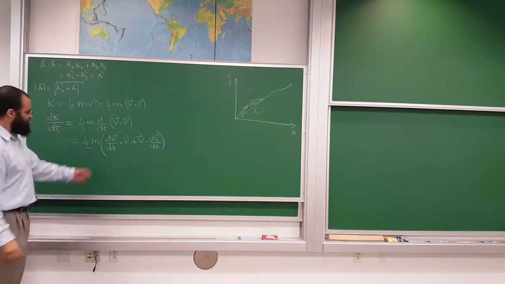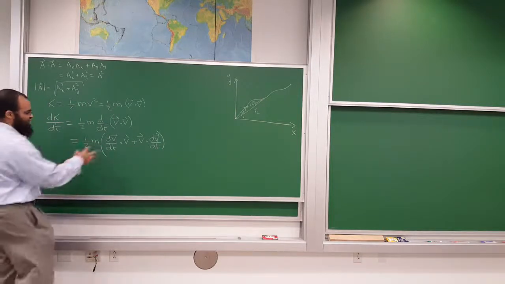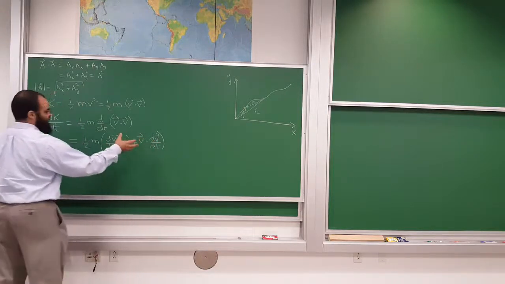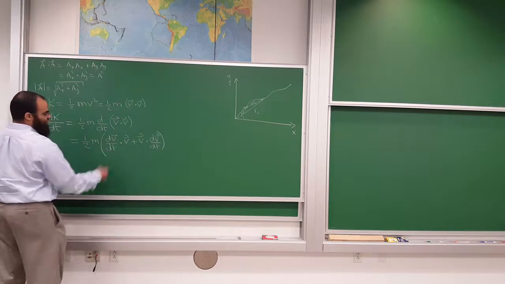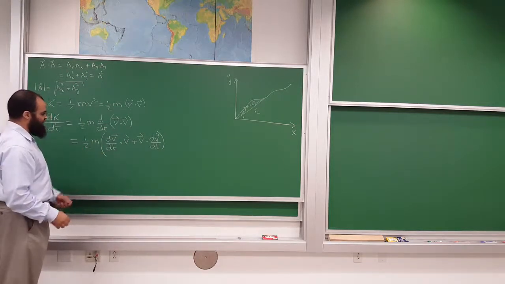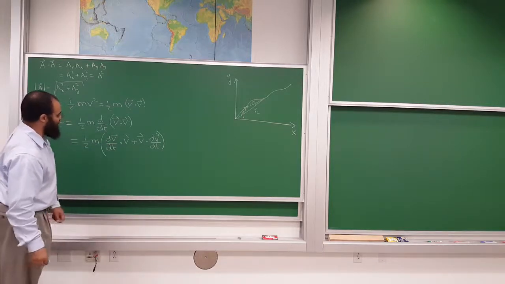dv/dt is the acceleration. And notice that dv/dt dot v and v dot dv/dt, dot products commute. It doesn't matter the order. A dot b equals b dot a. So this is just twice this quantity here.